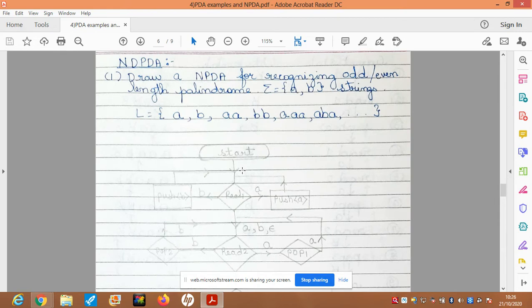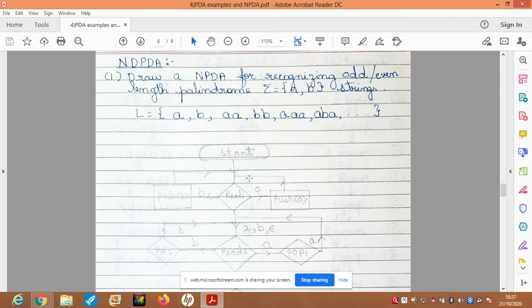The example that we have taken is a non-deterministic push-down automata for recognizing odd or even length palindrome strings over the alphabet set A, comma B. If you look at the strings present in the language, they can be of the form AA, which is an even length palindrome string, or of the form ABA, which is an odd length palindrome string.